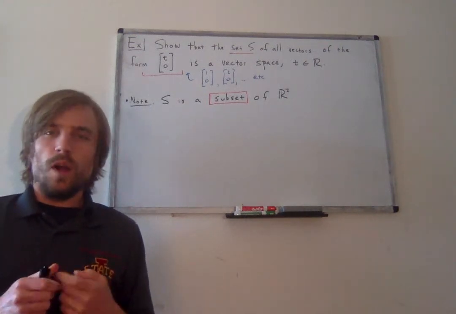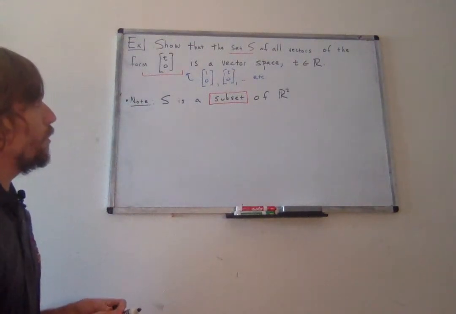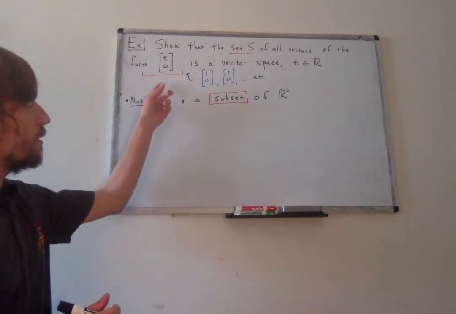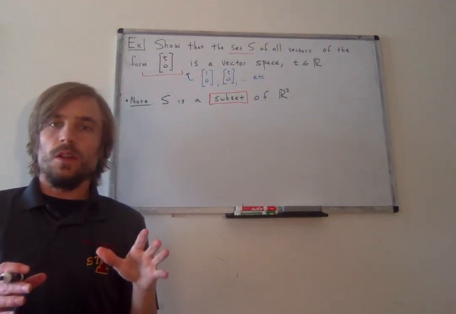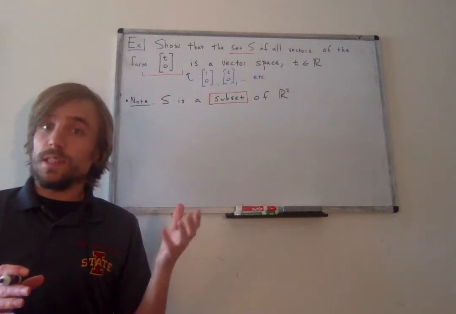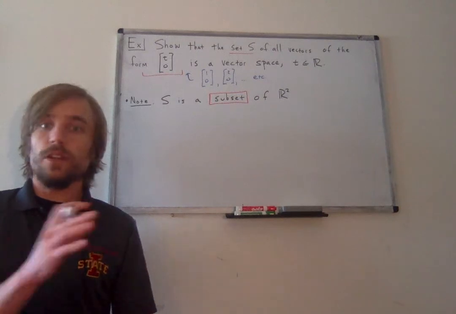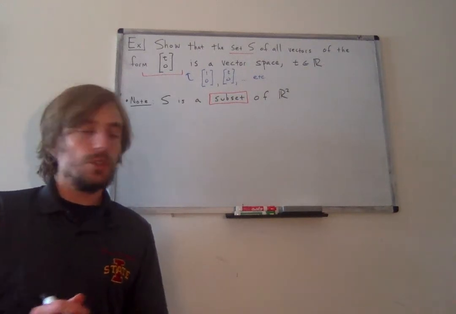Why is that? Because these are already vectors in R2, we know that R2 itself is a vector space. So a lot of the properties that are inherently true about vectors are going to carry over from R2.